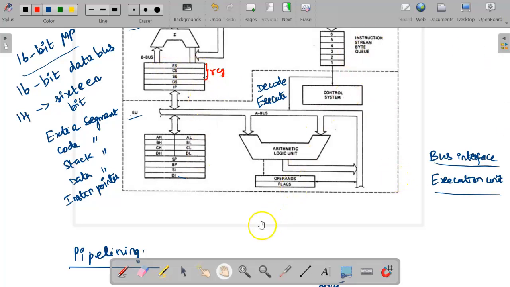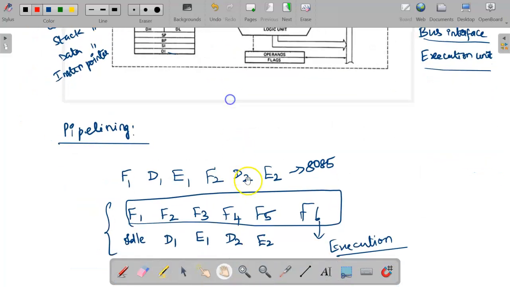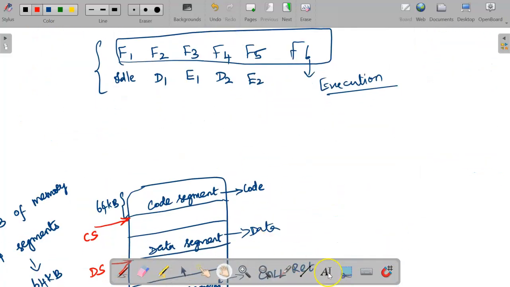And then we have the physical address and the logical address. The physical address is actually calculated by the 8086 itself. Generally the physical address is 20 bit, but our registers are 16 bit.